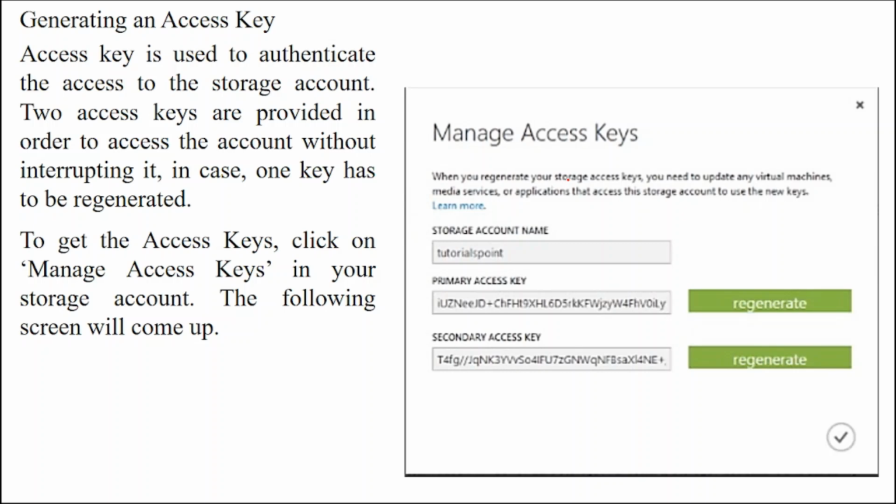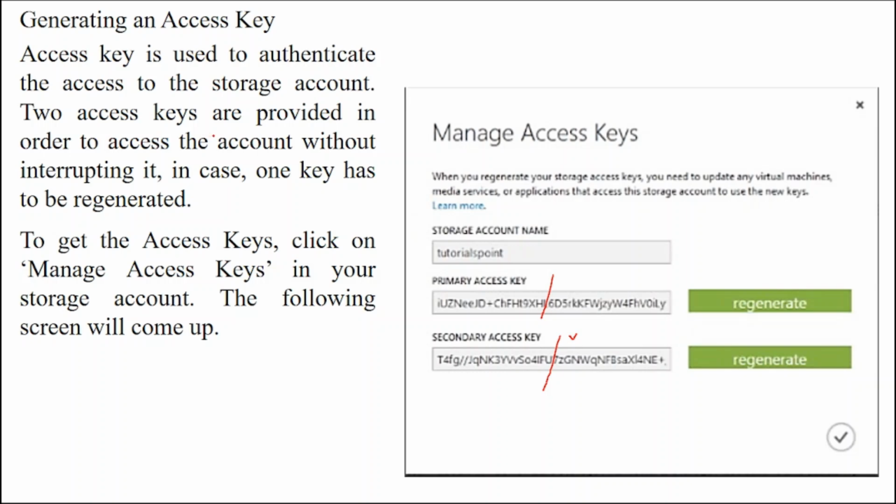It will provide you two keys. One is the primary access key and the second one is your secondary access key. How many keys will be provided? Two. So these two keys will be provided to access this storage account. The access key is used to authenticate access to the storage account, meaning to check whether you are the correct person or not.